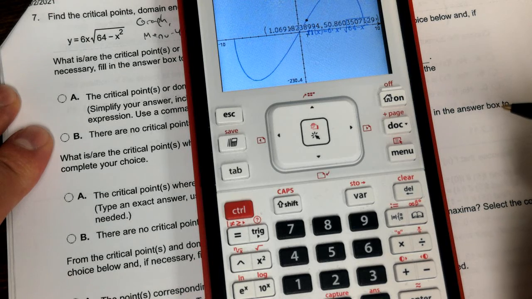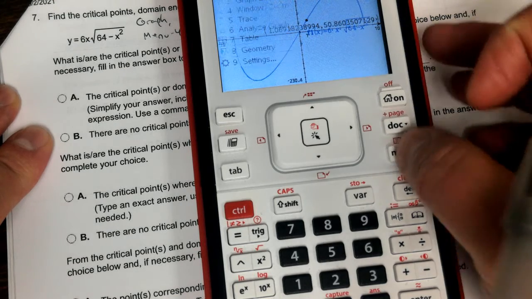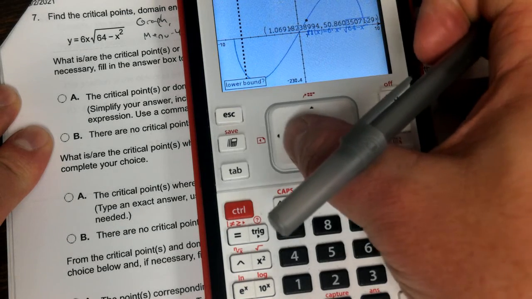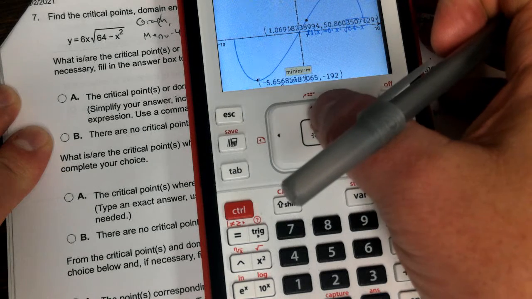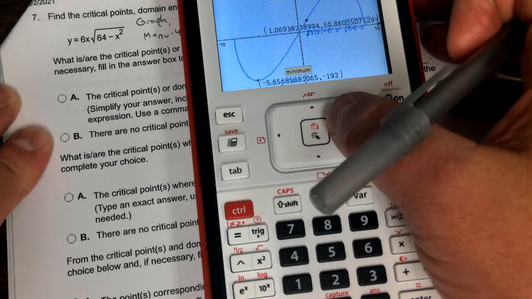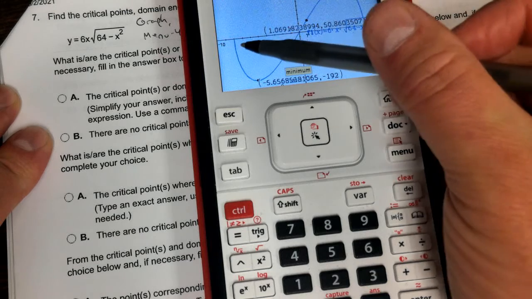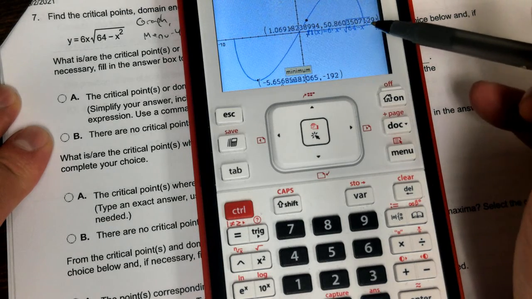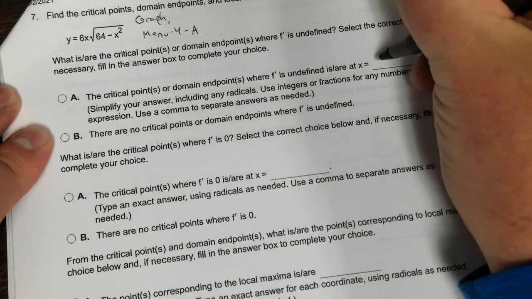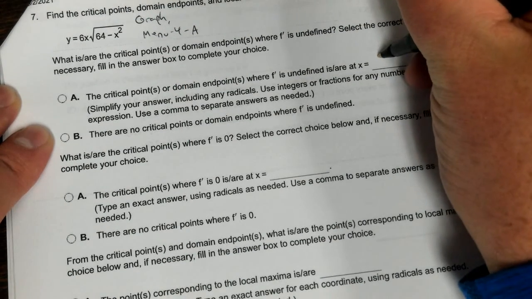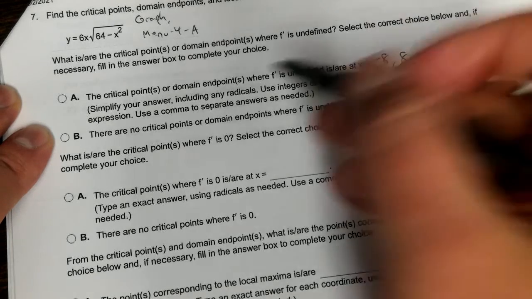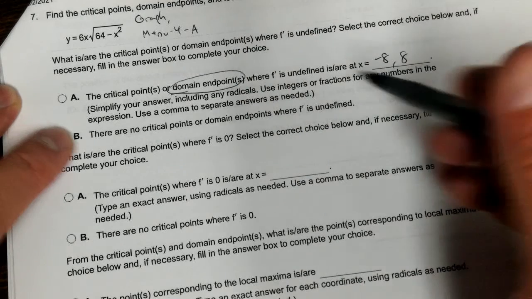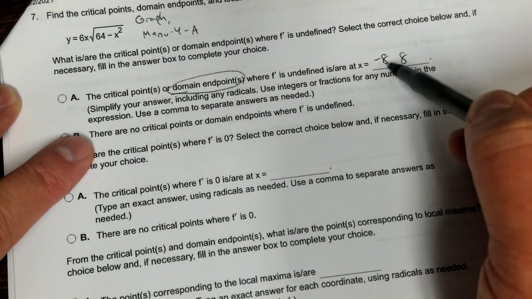So where it would be undefined is at the minimum between here and here. Well, it's undefined at the edge and at this edge, which is plus and minus 8. So basically negative 8 comma 8. It's the domain endpoint. So on this one we have from negative 8 to 8.